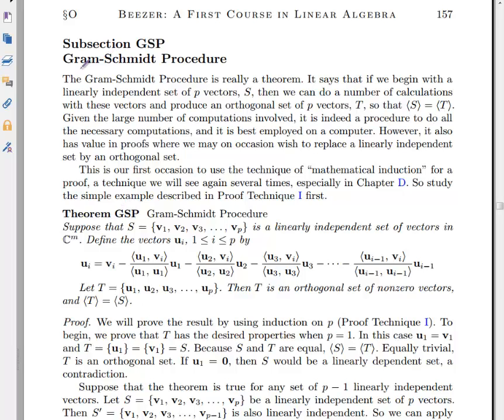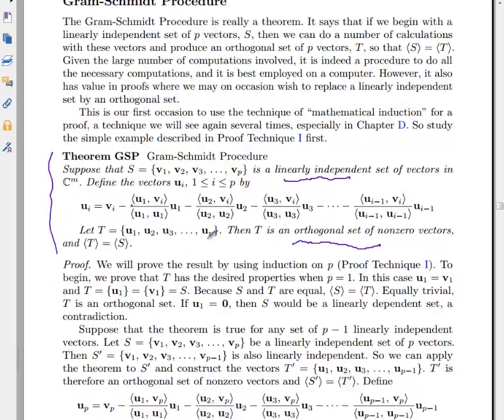We also got this Gram-Schmidt procedure that allowed us to create a linearly independent set of orthogonal vectors. So remember this theorem. This theorem says that if you have a linearly independent set, through a certain process, you can create an orthogonal set of vectors that's also linearly independent and has the same span.